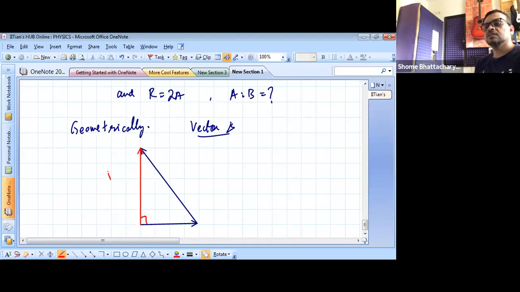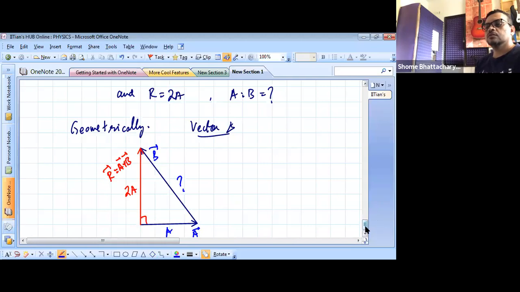So this is the resultant vector A plus B. It is having a magnitude of twice of A compared to this vector A over here, which has magnitude A, and this vector B, whose magnitude we don't know.